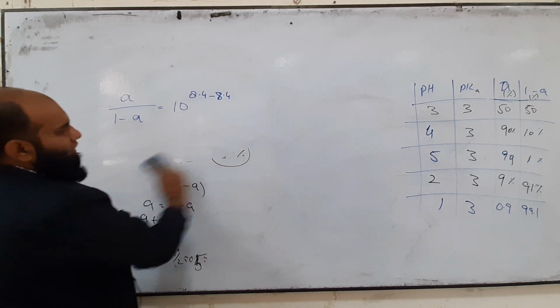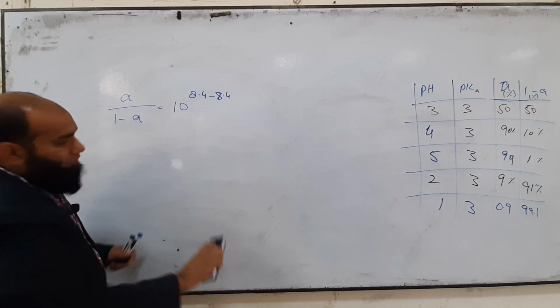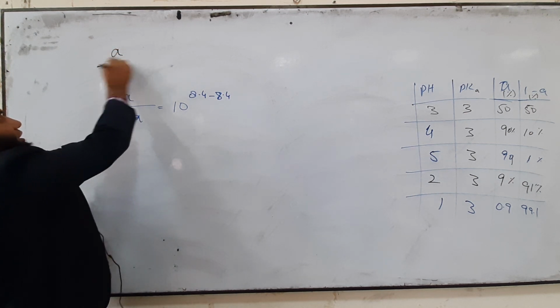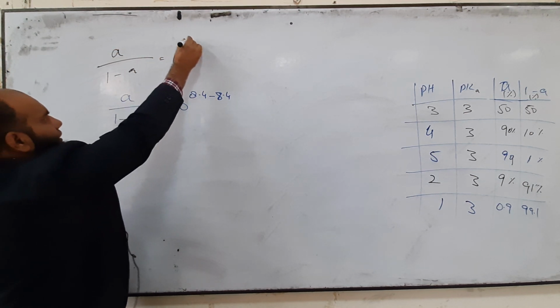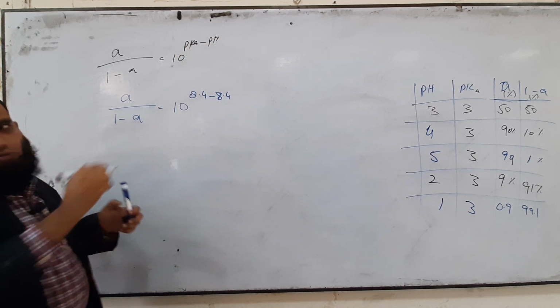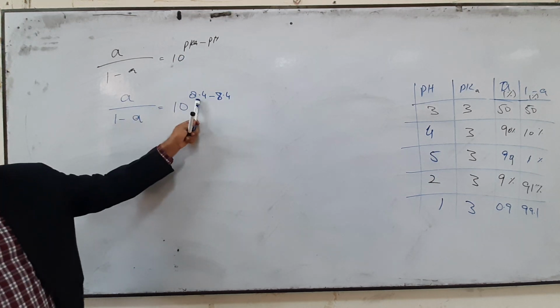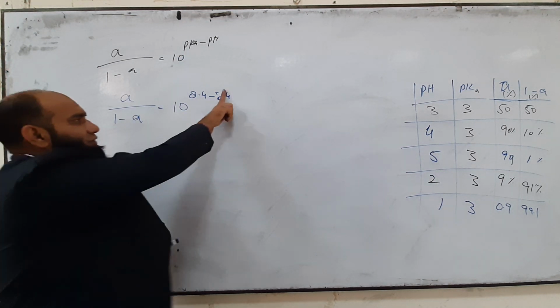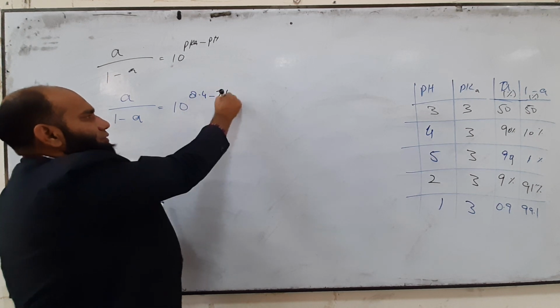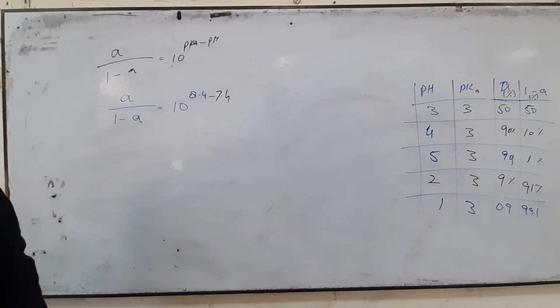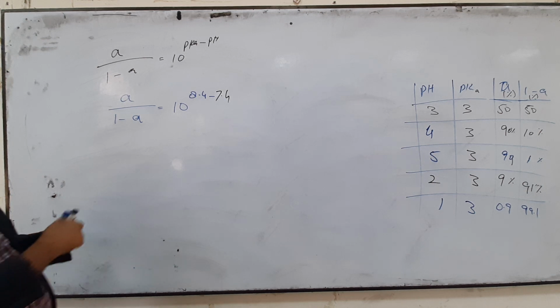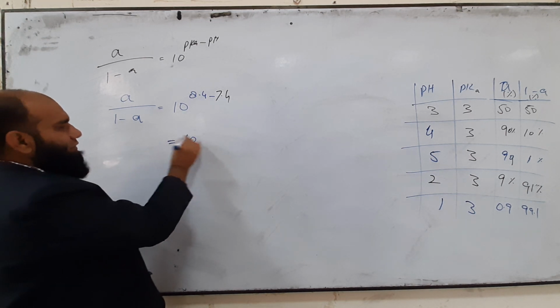Okay, next is another scenario. We have pKa value 8.4, right? I will write the formula here. This is the formula: ionized over 1 minus ionized equals 10 to the power pKa minus pH. Remember, now we are getting a difference with the weakly acidic drug. In this case, pKa is 8.4 for quinine and pH of blood is 7.4. Now the difference is 1, positive 1, so it is 10 raised to the power 1, which is 10.